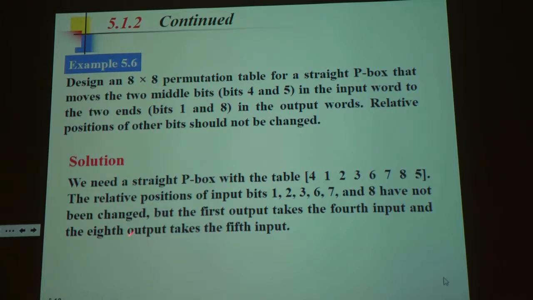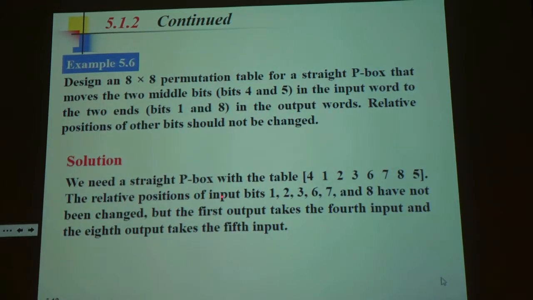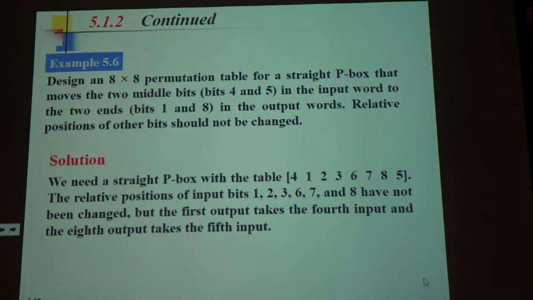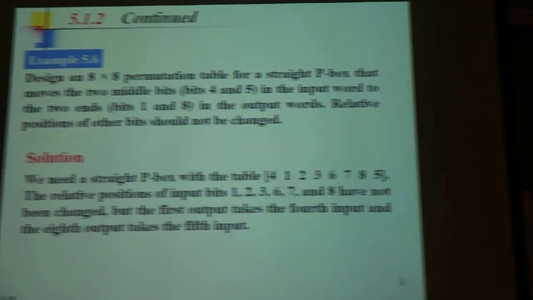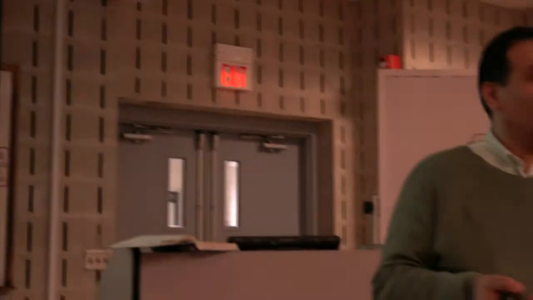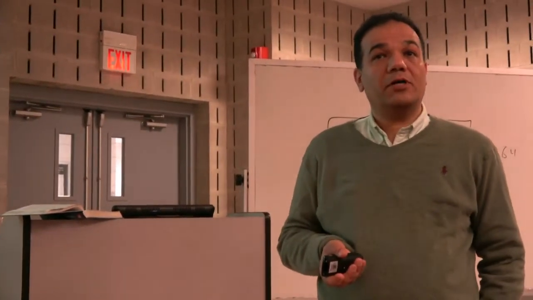The relative positions of input bits 1, 2, 3, 6, and 7 have not been changed, but the first output takes the fourth input, and the eighth output takes the fifth input. Okay? Clear? That's a very simple example of how to create a straight P box.